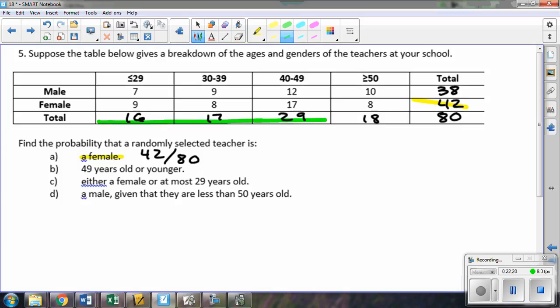All three of these in the green are successes. So we'll have to add all three of those together. 16 plus 17 plus 29 adds up to equal 62. So this has 62 successes out of 80.